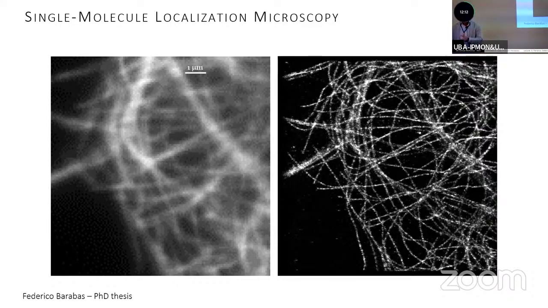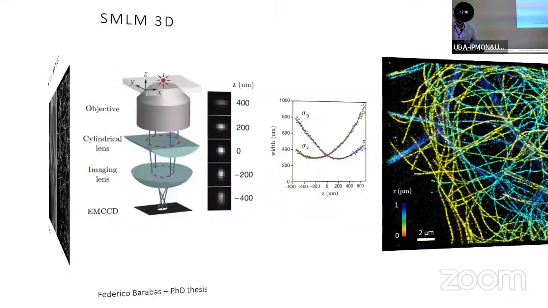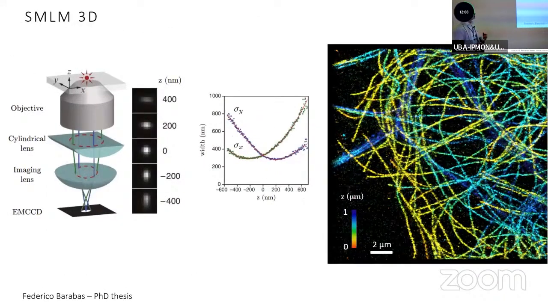Okay? In this case, performing 3-dimensional super resolution microscopy is relatively simple. This is one of the most popular approaches. Basically, you introduce a cylindrical lens in your microscope to do astigmatic imaging on purpose. And in that case, if a molecule is in the focal plane, it looks round, symmetric.